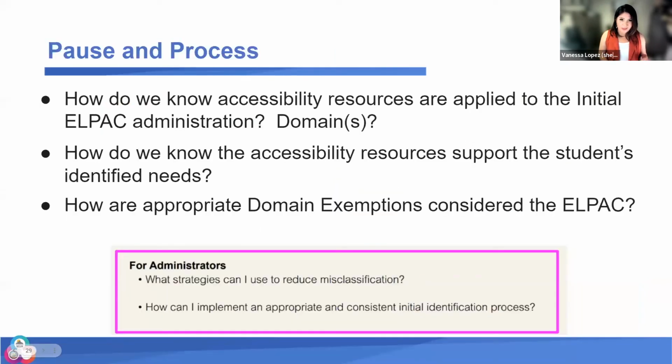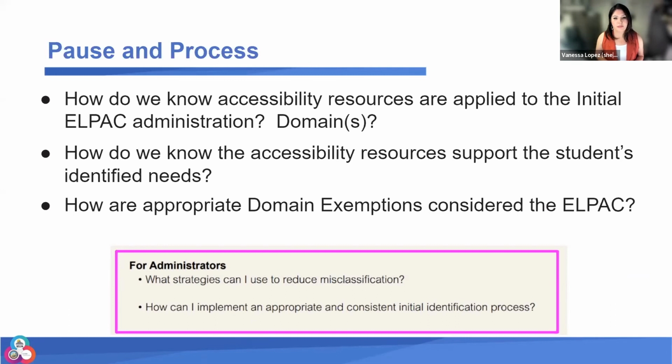So very quickly, I went through all of that, but it's still a lot. So I want to make sure that we give you some time to pause and process. Think about your existing processes, written or unwritten. How do we know accessibility resources are applied to the initial LPAC administration? Is it by domain? Do we not know? Again, reflective questions, questions that are meant to make us stop and think. How do we know the accessibility resources support the students' identified needs?